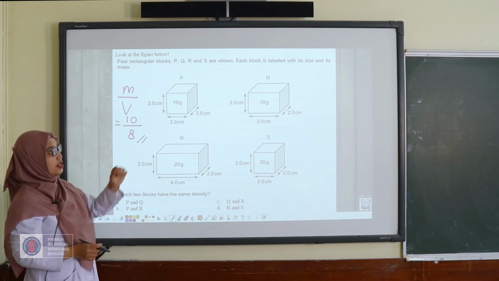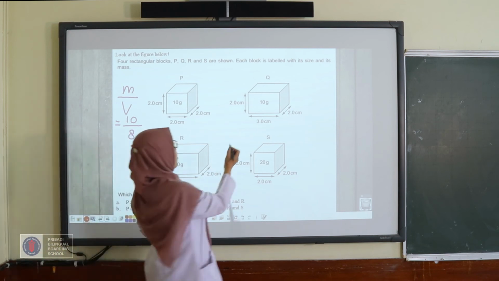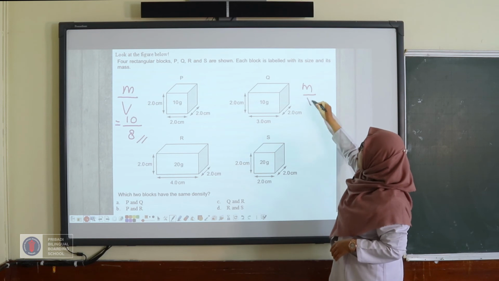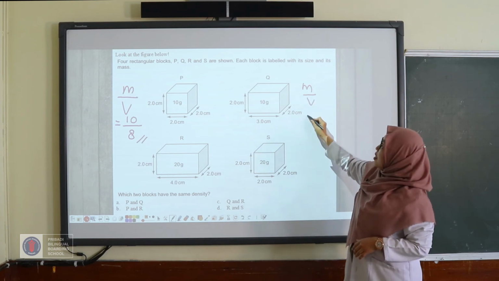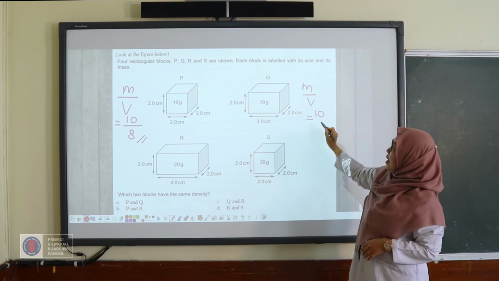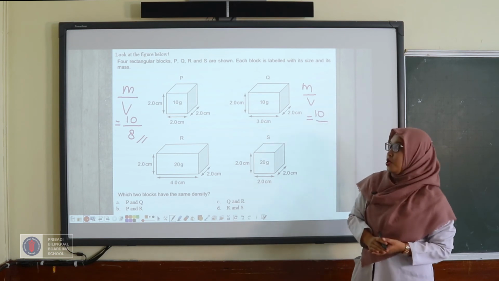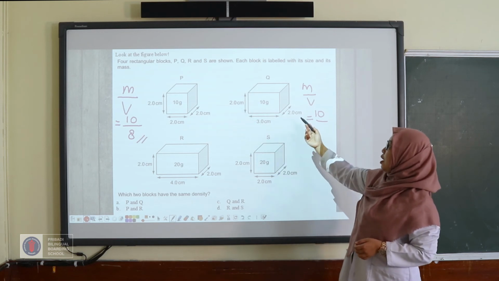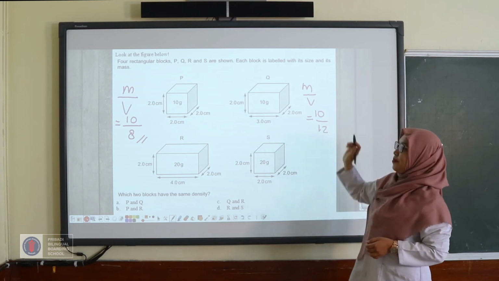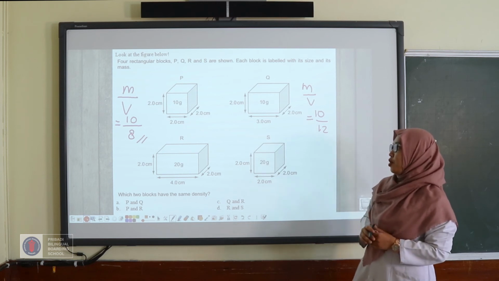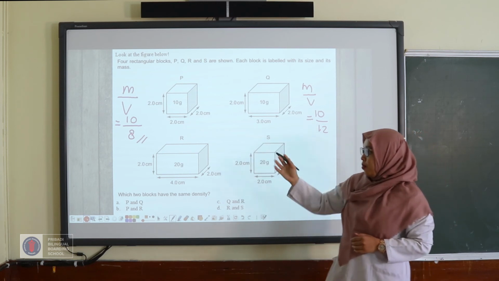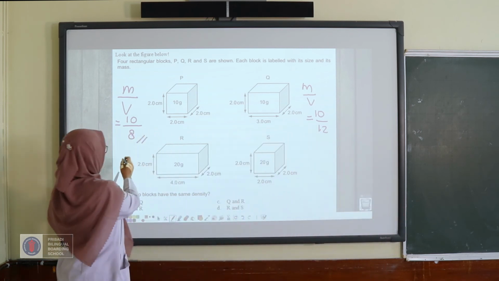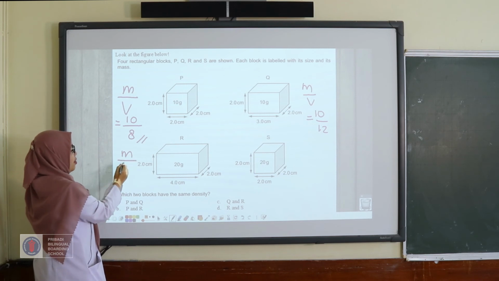And then we go to block Q. We can find the density of block Q using mass over volume.